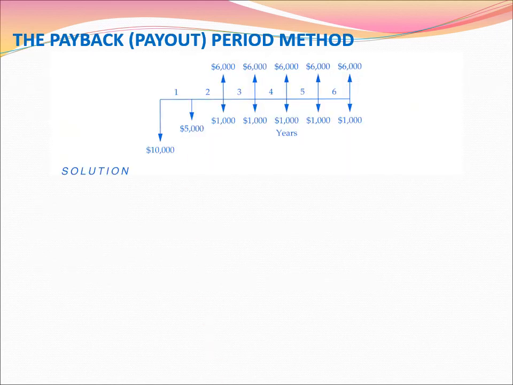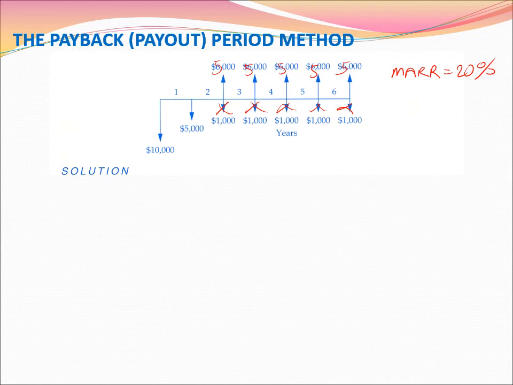Okay, let's consider the same example and understand the difference of this example from the simple payback period. Assume that for this example, the MARR is 20%. Again, I am going to consider the net revenue at each period.